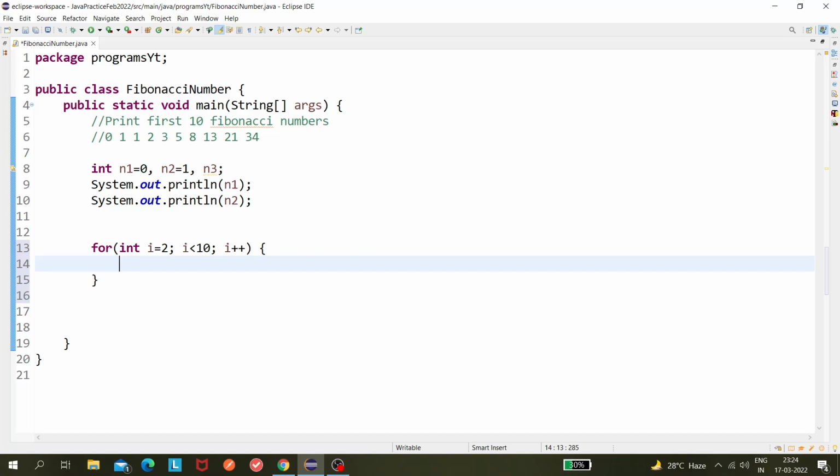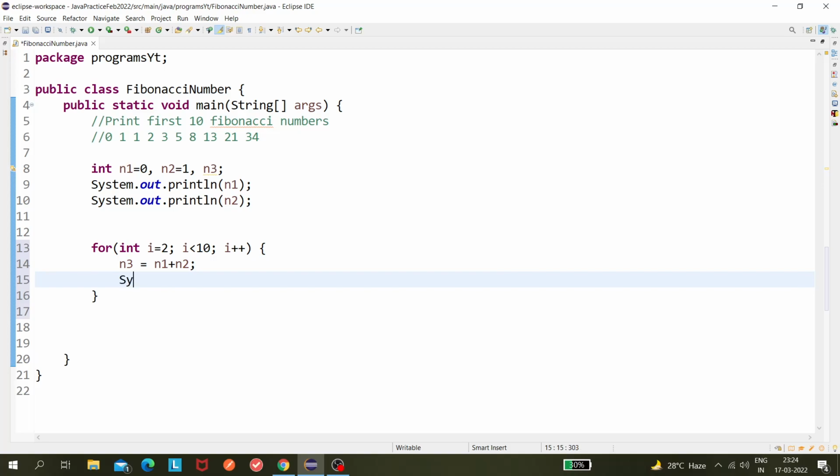Okay, so now here we'll be assigning the value of n3 with n1 plus n2. Okay, and now I'll be printing this n3.